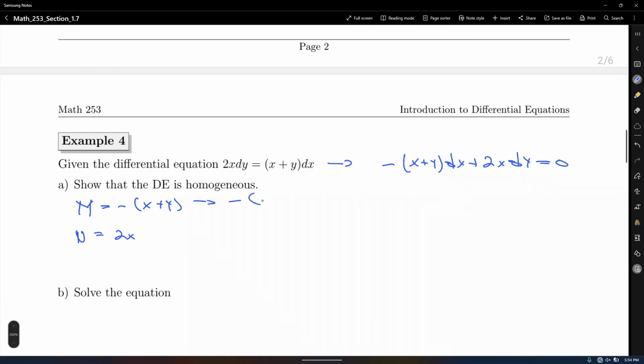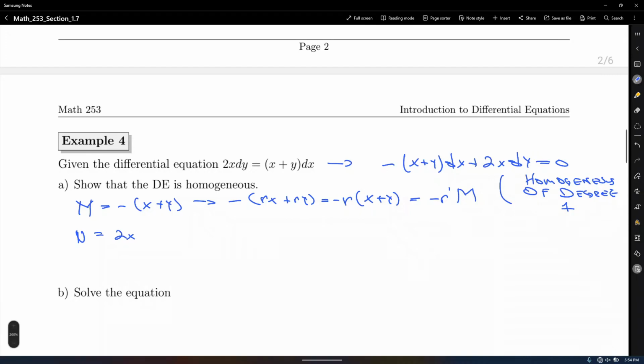So that is negative rx plus ry. That equals, factor out the r, negative r times x plus y, which in this case is m, to the first power. Homogeneous of degree 1. All right?